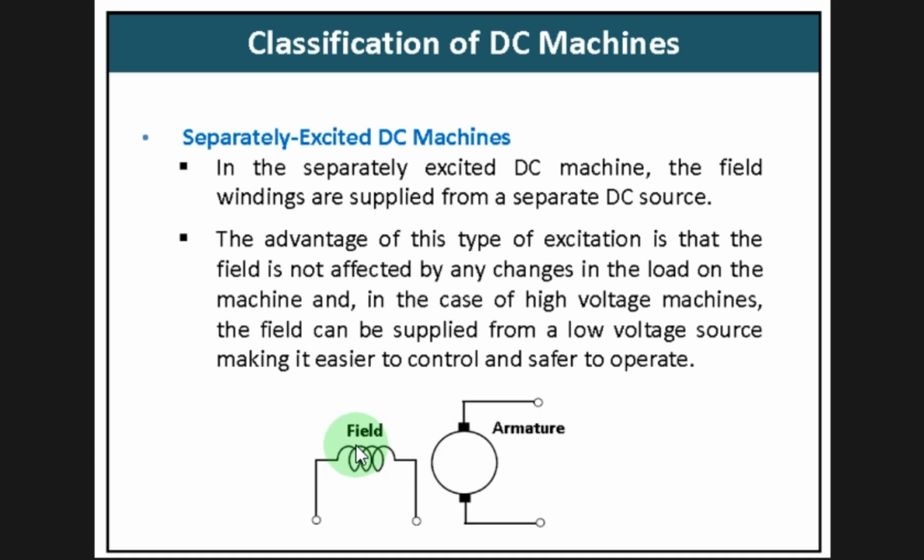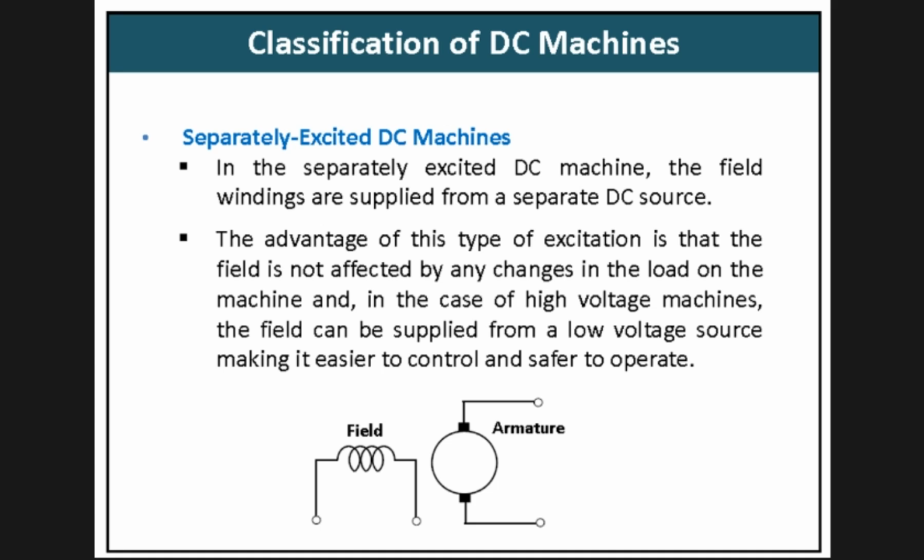So the advantage here is you can control the characteristic of the motor by changing the supply to the field winding, and as they are independent, the field is not changing according to the load, right? The advantage is that the field is not affected by the changes in the load.